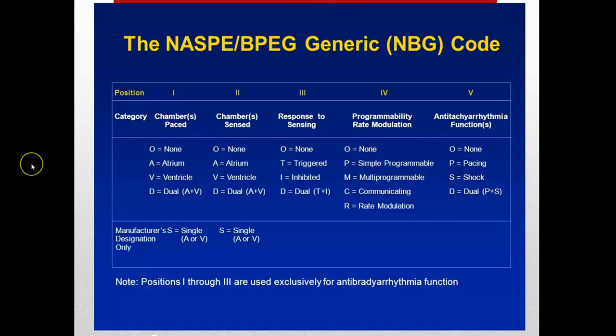So position 1 is chamber paced, position 2 is chamber sensed, and so on and so forth. We'll talk about it a little bit later as we get on into the slides. It's really helpful to know that the 3-letter code is still adequate for temporary pacemaker function as well. And positions 1 through 3, as down here, are used exclusively for anti-bradyarrhythmia function.